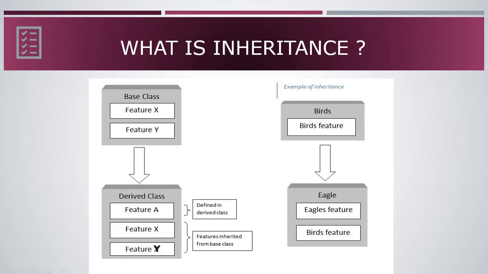In the base class we have bird, and the eagle is also a bird. So it will use all those features of the bird class, like it also flies, and all those features the bird has. But apart from this, the eagle also has its own extra features. So that's how inheritance works.